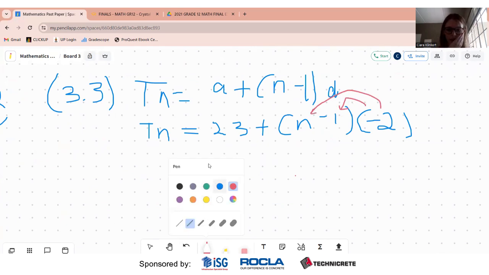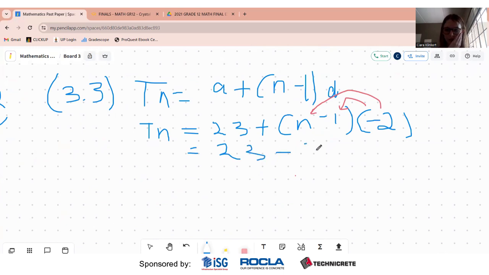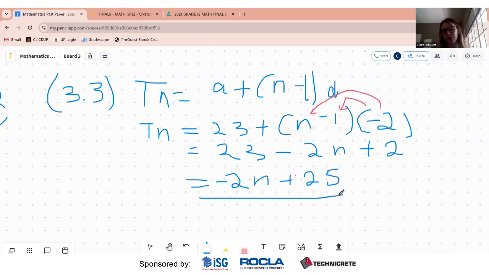So I get 23 minus 2n plus 2. Then I like to write it as minus 2n, and then I've got two constants, 23 plus 2. If I add those together, I get 25. So that is the general term of my first differences.